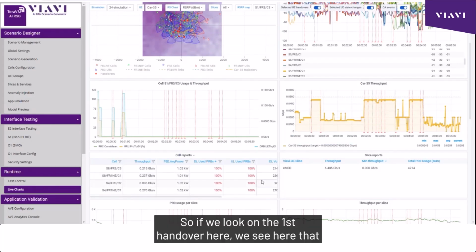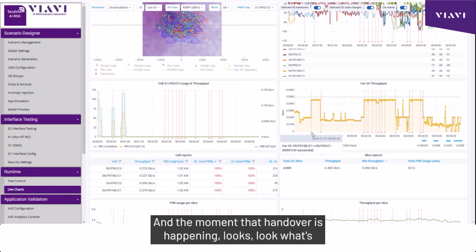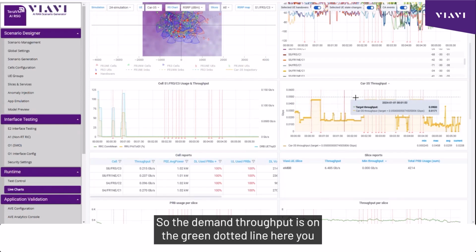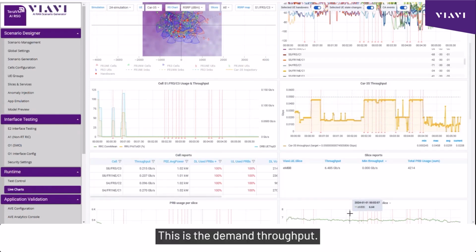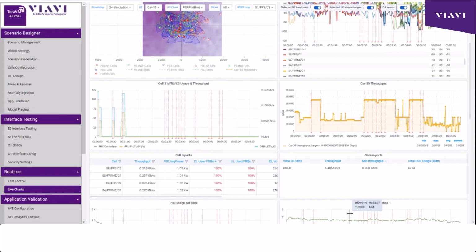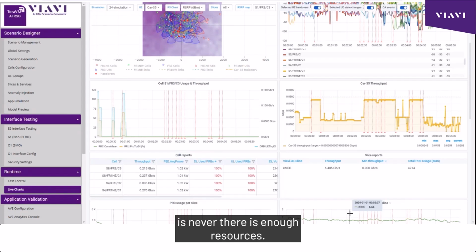If we look at the first handover here, we see that it hands over from FR1 to FR3. And at the moment the handover is happening, look what happens to the throughput. The demand throughput is the green dotted line here, which is 50 megabits per second. Of course, we never reach the demand throughput, because there are not always enough resources.